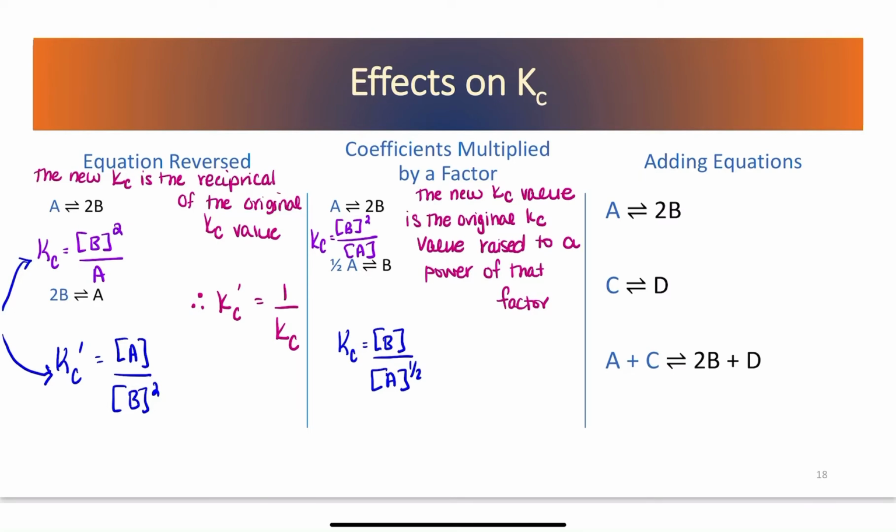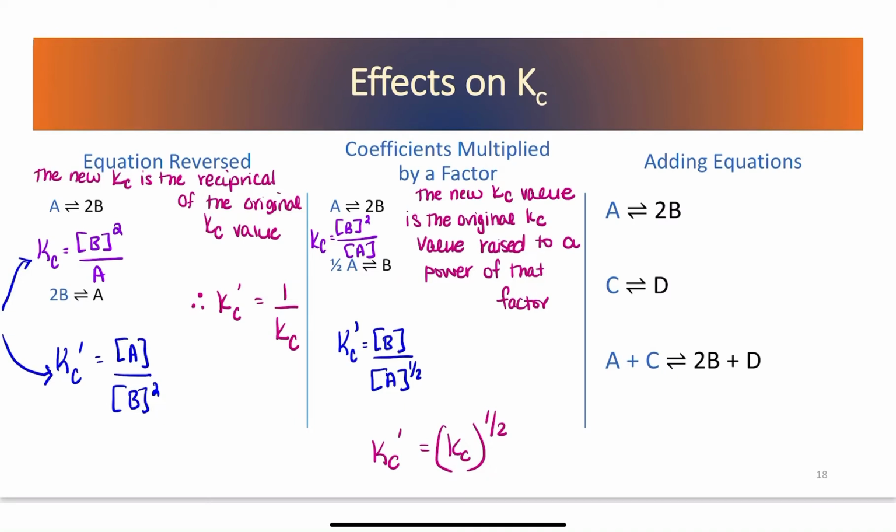Note, the only difference here is that the Kc expression has been raised to the power of 1/2. So now Kc prime, the second one, is equal to Kc raised to the power of 1/2.